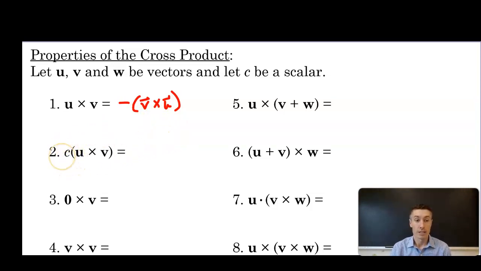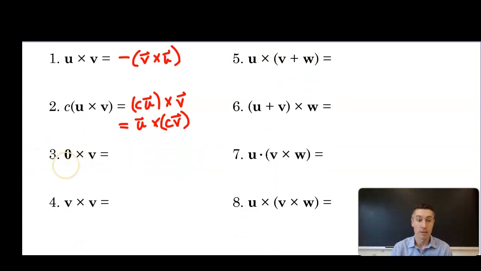All right, if we're going to scale the cross product vector, we could choose to scale u first and then cross it with v, or we could choose to scale v first and then cross it with u. All 3 of those will give us the same answer. If we have the 0 vector cross with a vector v, we will get the 0 vector.